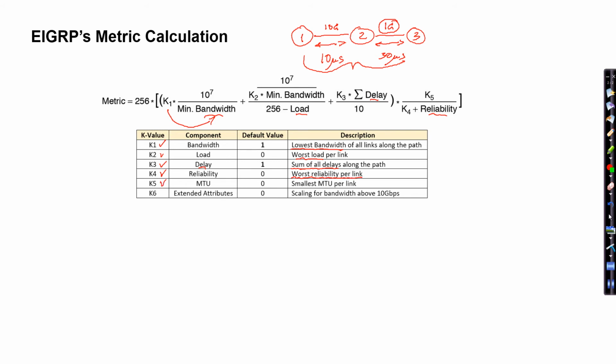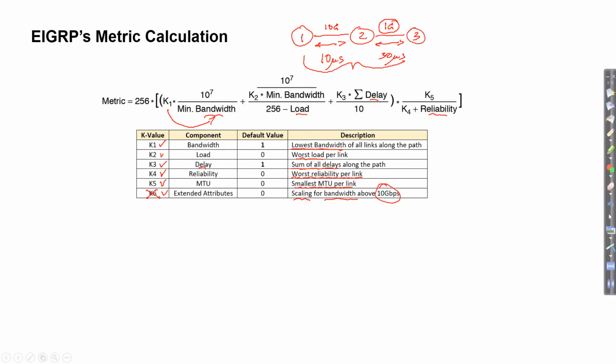K5 represents the MTU of a link, which is the smallest MTU of each link. And last on the table is extended attributes, which is used for scaling for bandwidth above 10 gigabit per second. K6 is only in use when we use named mode EIGRP, so for our lab, K6 is not in play.